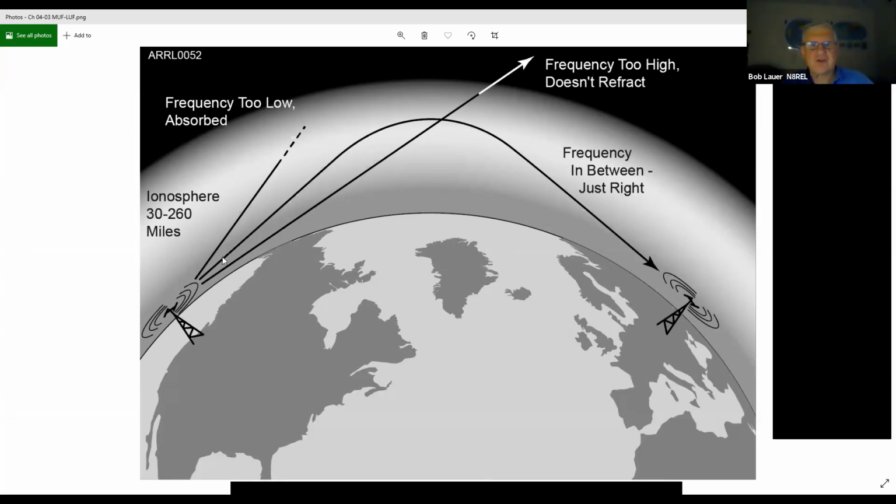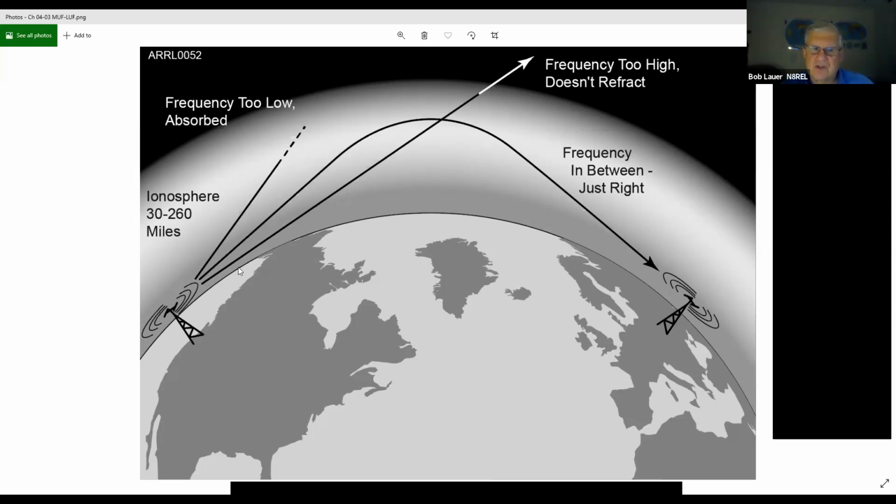For the lower HF frequencies, they do bounce off the atmosphere. But if the frequency is too low, it doesn't bounce off the atmosphere. It just gets absorbed and doesn't go anywhere.